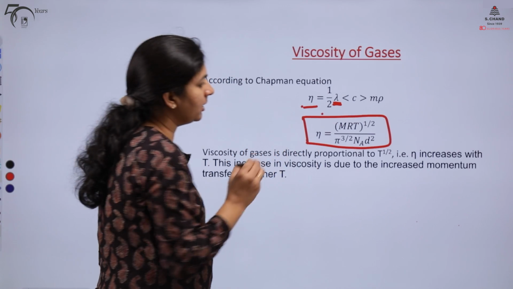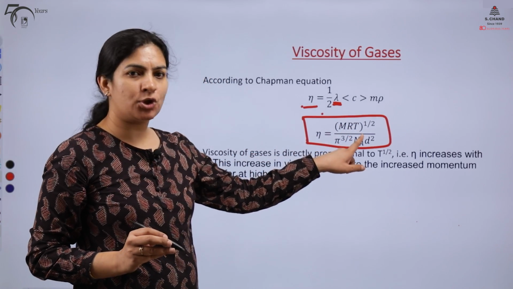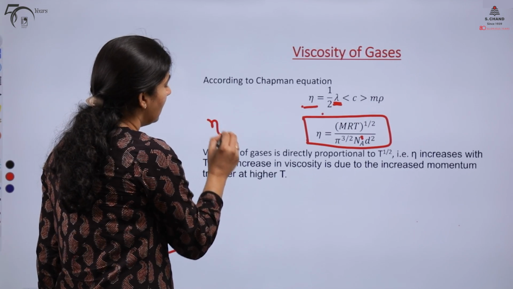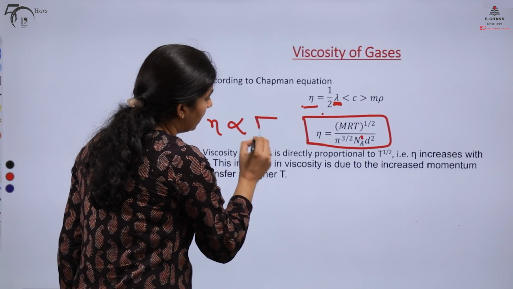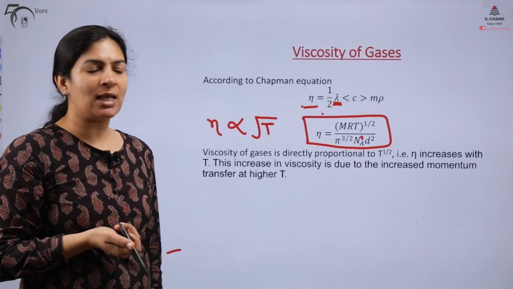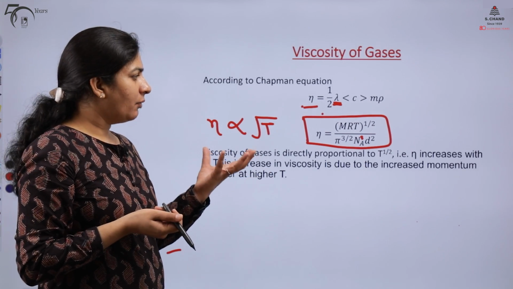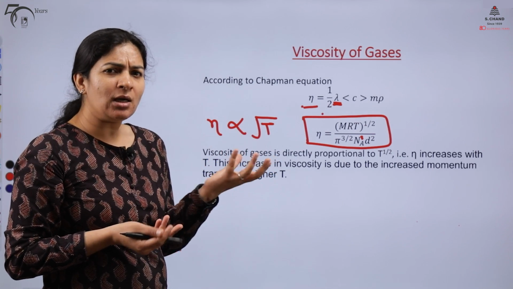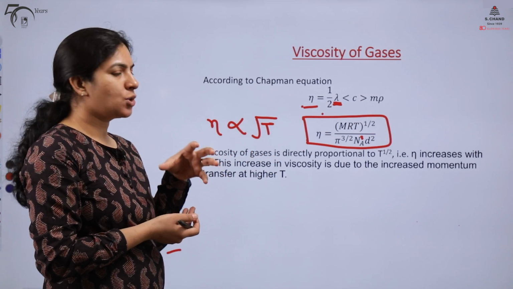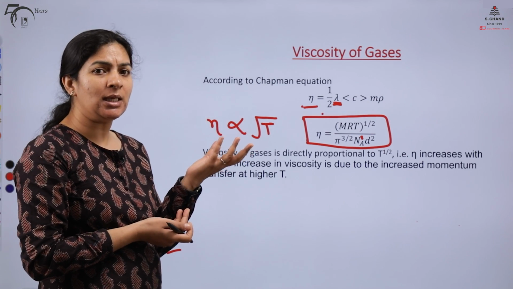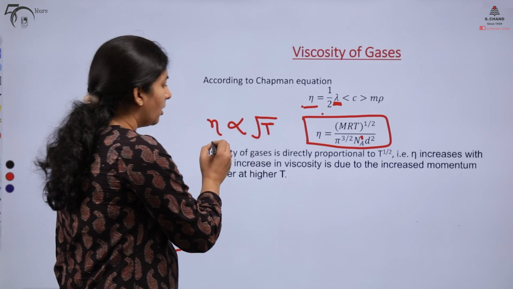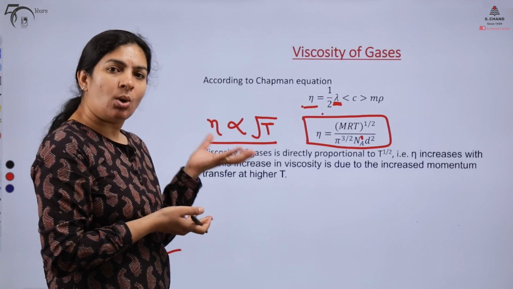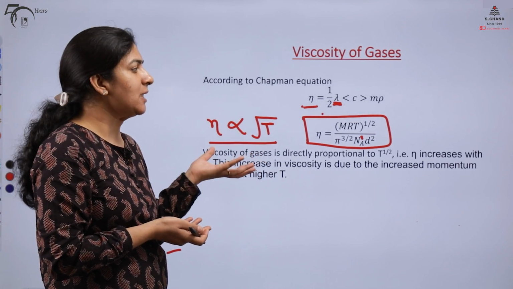equation wherein we find that viscosity is proportional to T raised to the power 1 by 2. That means viscosity increases with temperature for gases, which is very unusual compared to liquids. Generally, we know that for liquids viscosity decreases upon increasing the temperature, but it is reversed for gases. As we increase the temperature, viscosity also increases.